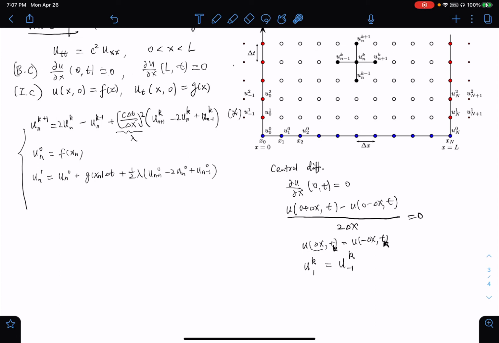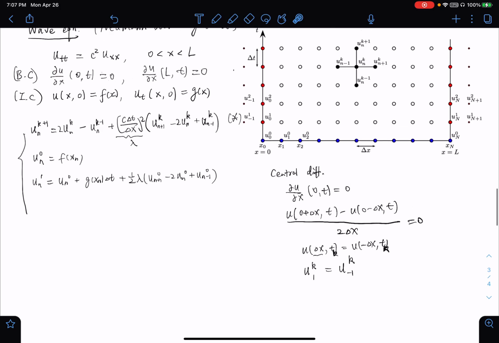Exactly as in the case of the heat equation where we have a similar Neumann boundary condition. So now we can estimate these values. For example, this value will be determined by these four values. But once we have this value, we have that value, right?